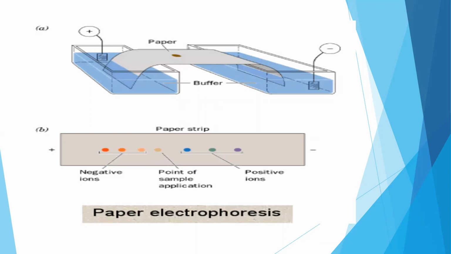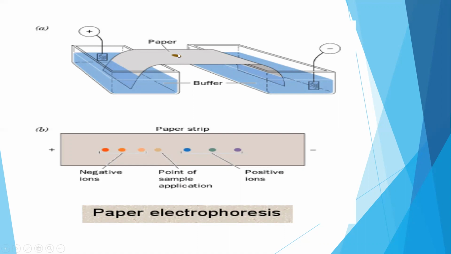This is a paper electrophoresis experiment. First, you take Whatman number one filter paper. Then you take a capillary tube. With the help of the capillary tube, we take a sample as a drop on the paper.